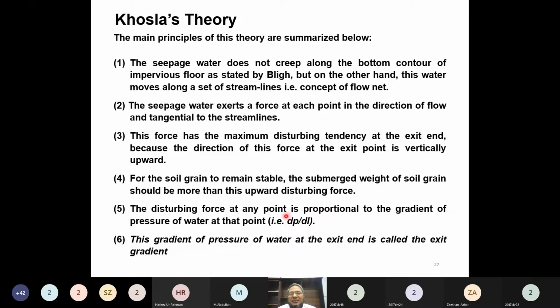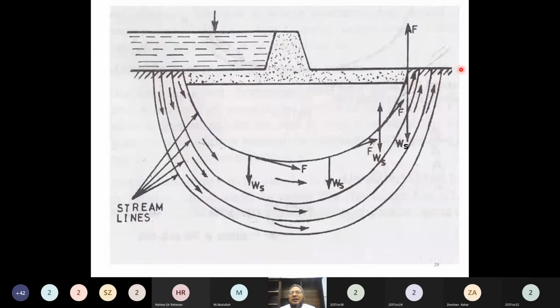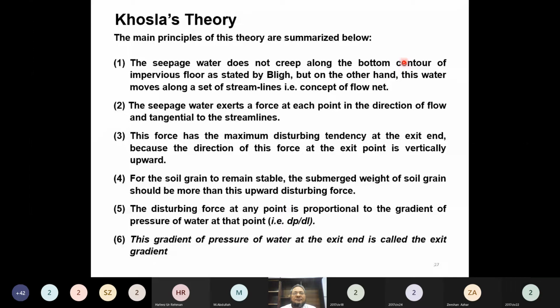And as this increases, the seepage force increases. Number 6. This gradient of pressure of water at the exit end is called the exit gradient. So the value of dP over dL at these points is called the exit gradient.